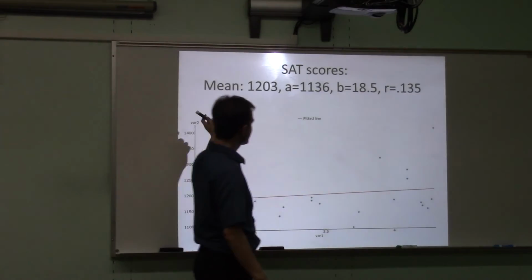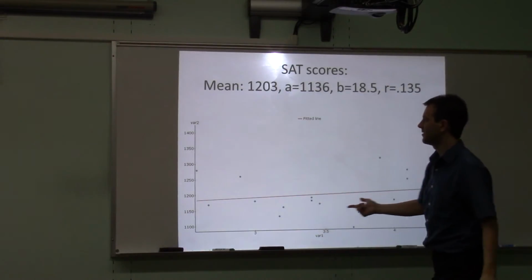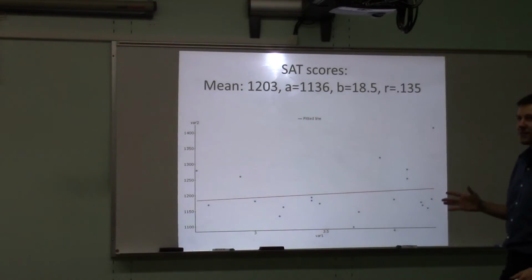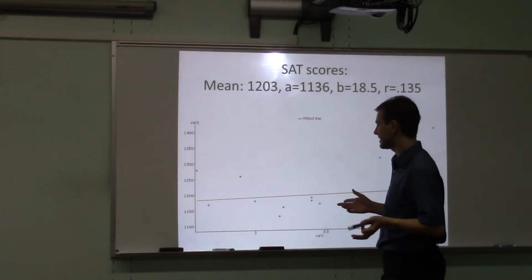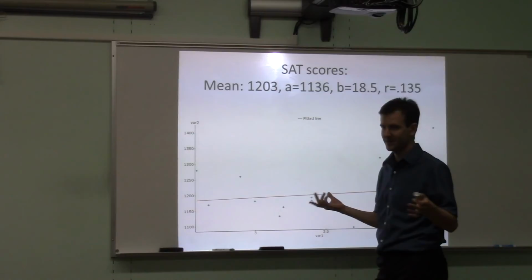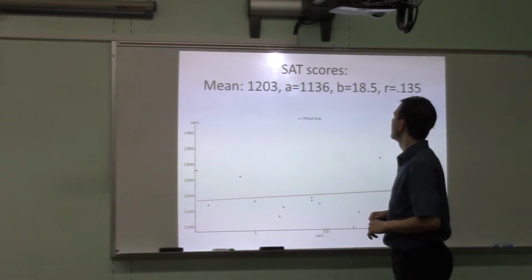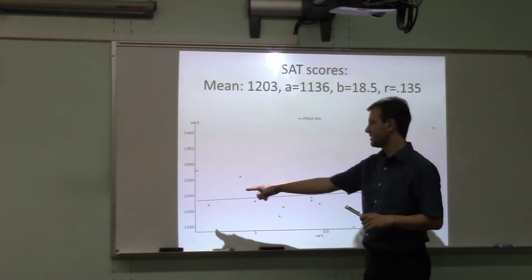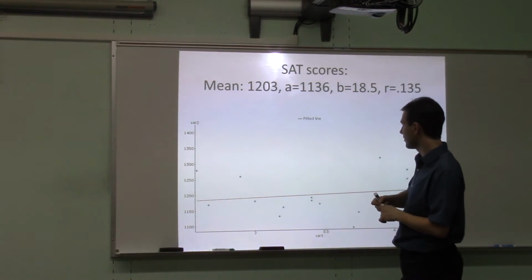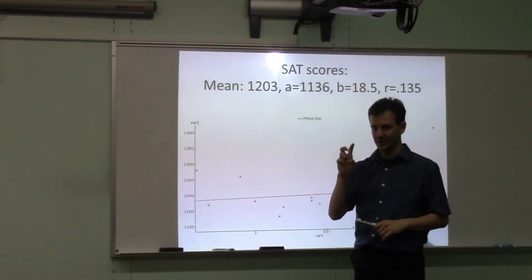So, here's a whole bunch of factoids about this line of best fit and about the data. The average of all of your SAT scores, or PSAT scores, whatever data I could get from you guys, was 1203. Actually, funny fact, the regression line will always go through the exact average.